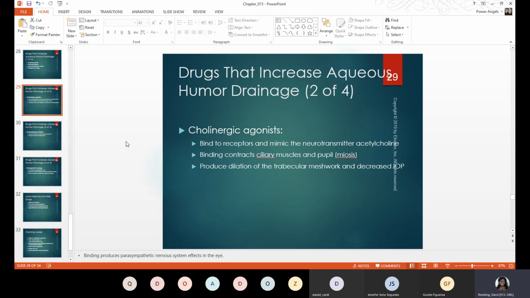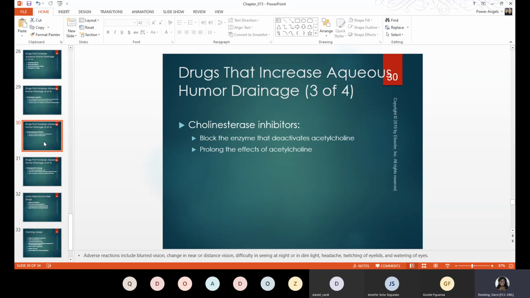Now, the cholinergic agents is also going to produce a dilation of the trabecular meshwork, and it helps by decreasing the intraocular pressure. Now, when the cholinergic agonist binds, it produces a parasympathetic nervous system response that takes effect in the eye.